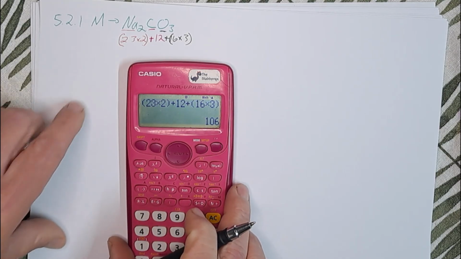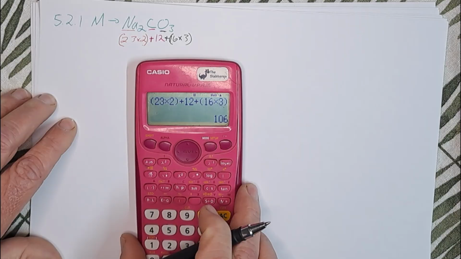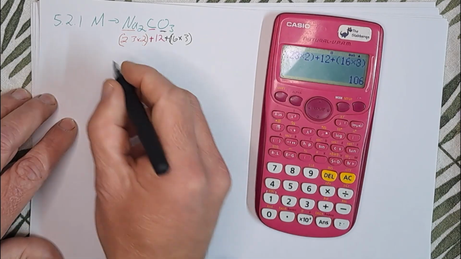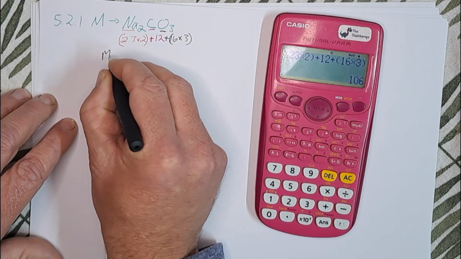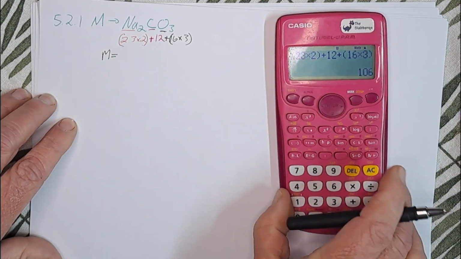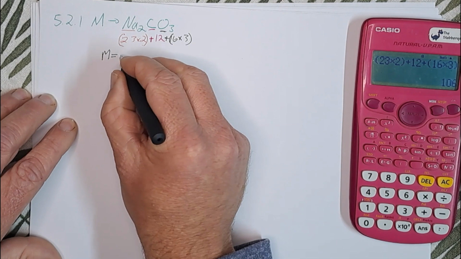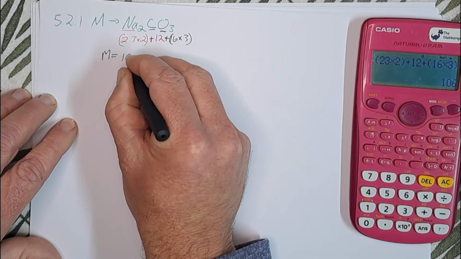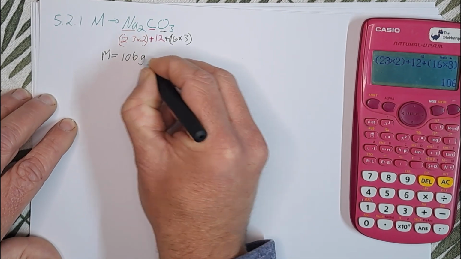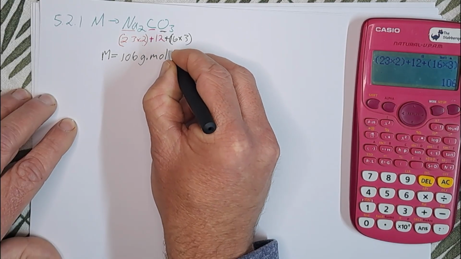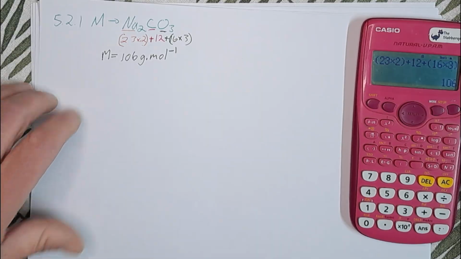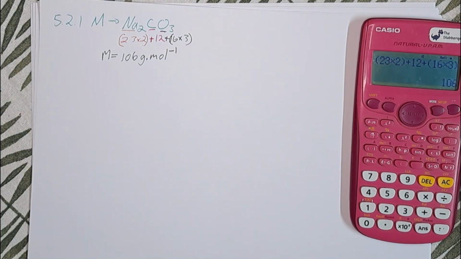So it gives me the answer of 106. So my molar mass is gonna equal 106 grams per mole, and per means negative, and then your 1.